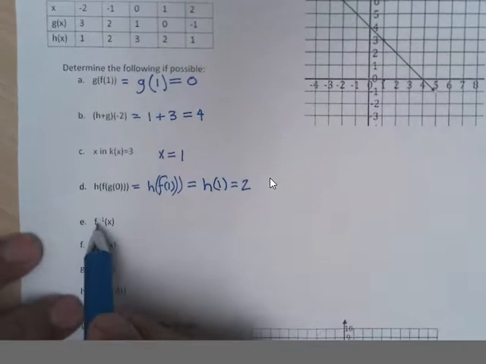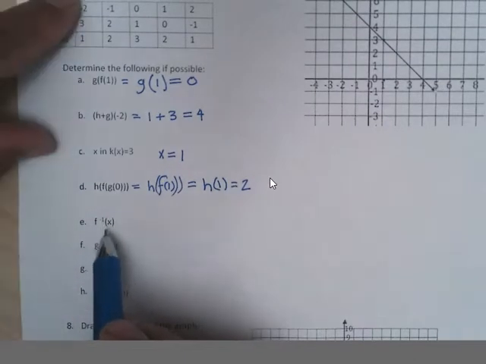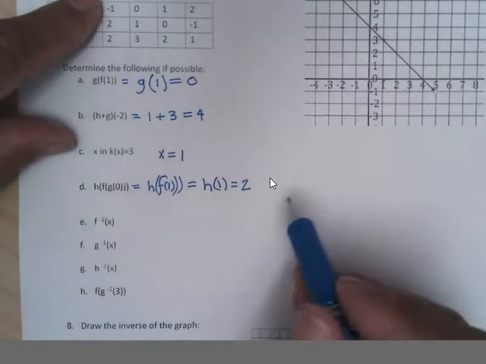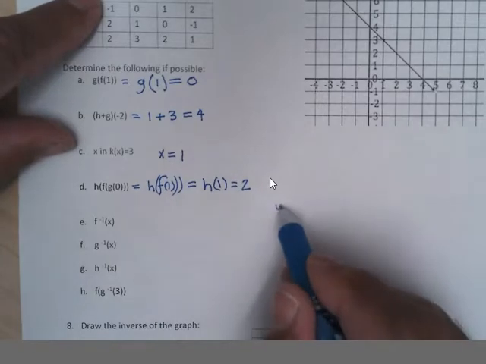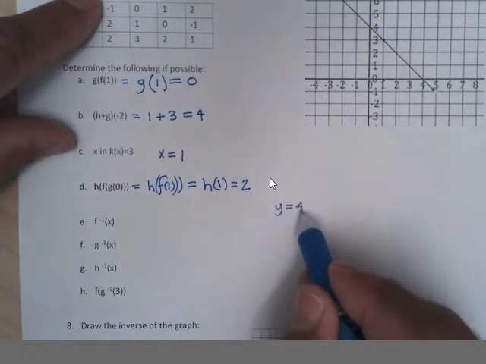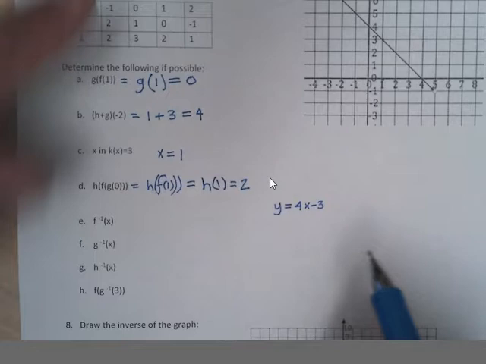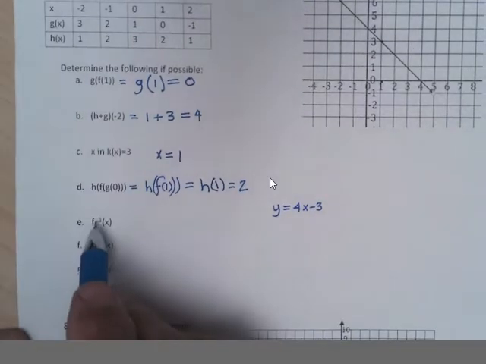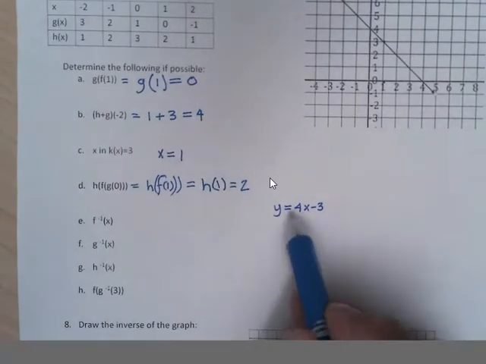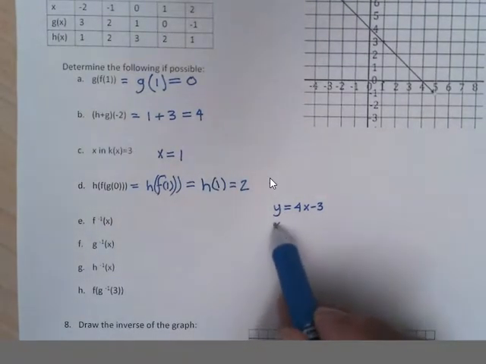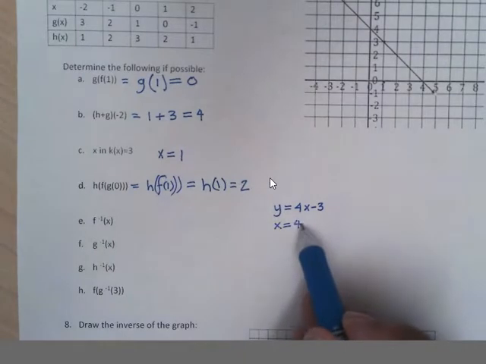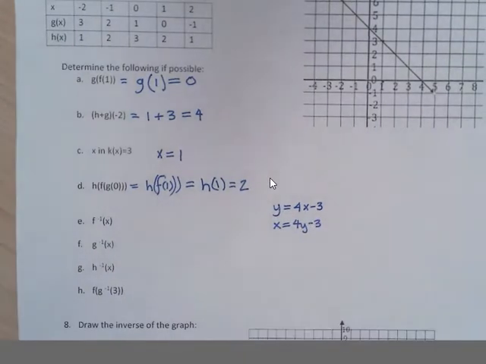This says find the inverse for f, for any x. So now we do what we said, y equals 4x minus 3, but we want to do it backwards. To the minus 1 means backwards. So we switch the y and x, we get x equals 4y minus 3.